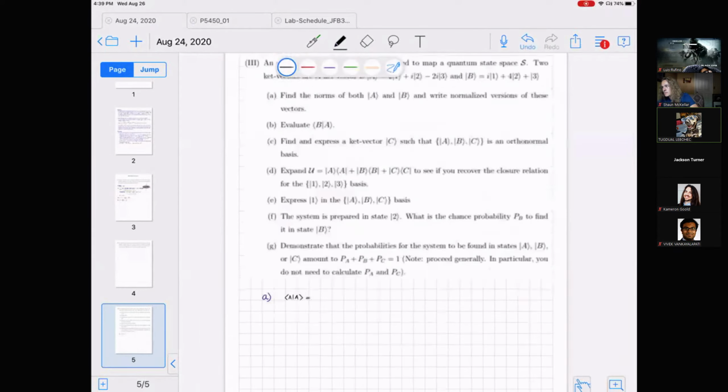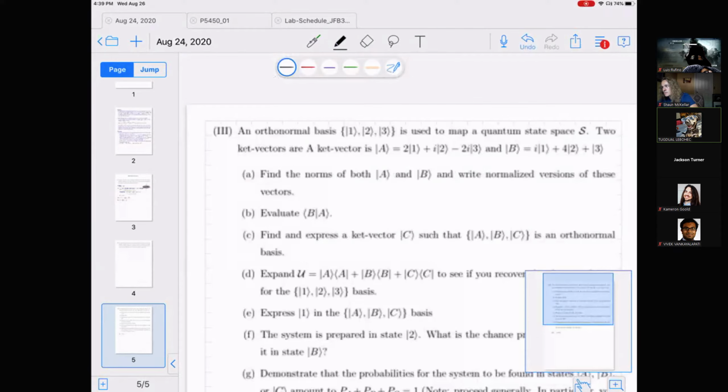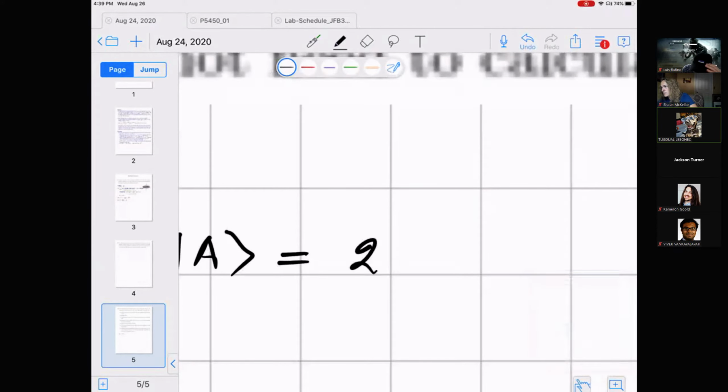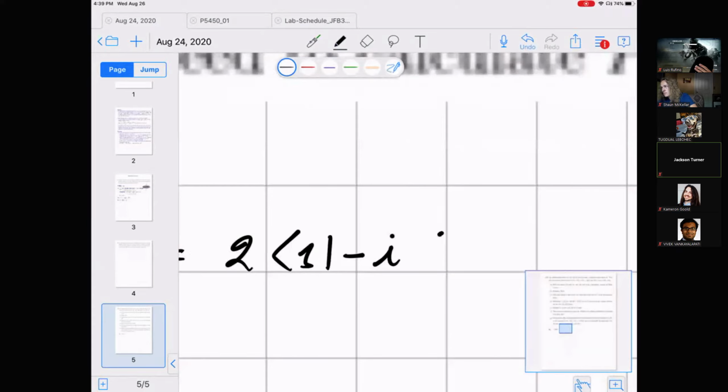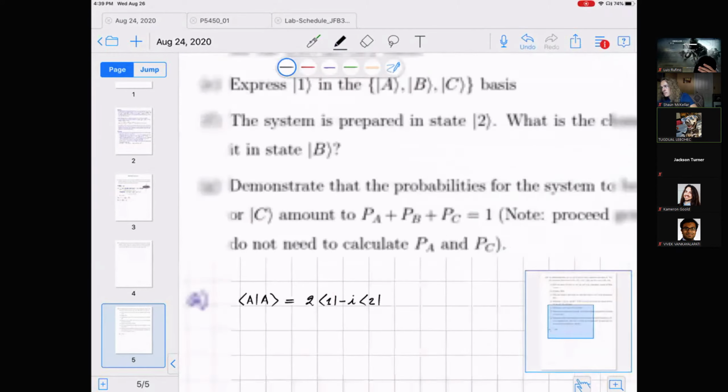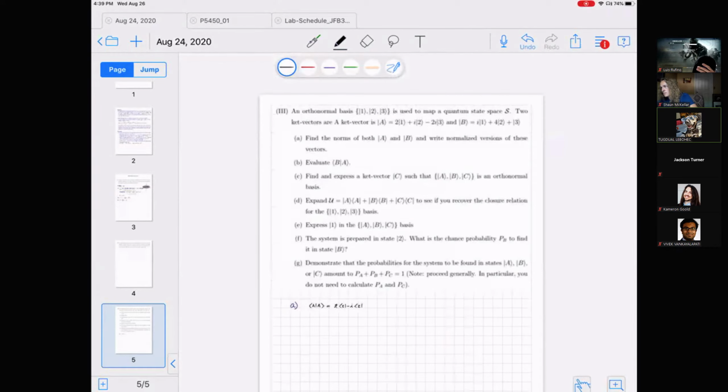So the coefficients are 2, i, minus 2i. So it's going to be 2, 1, minus i, 2, I forgot, plus 2i.